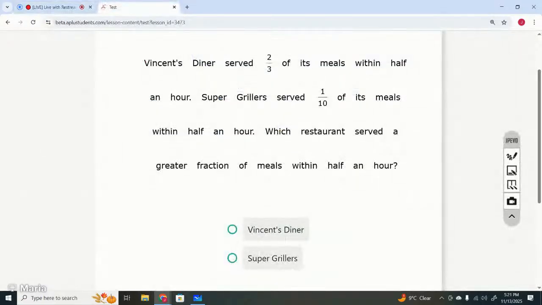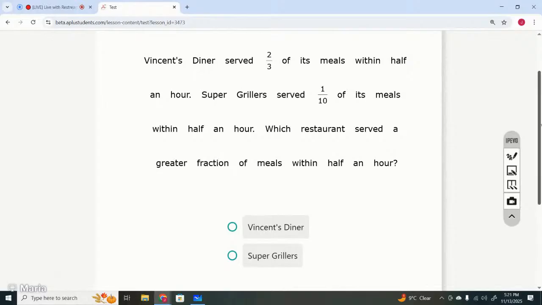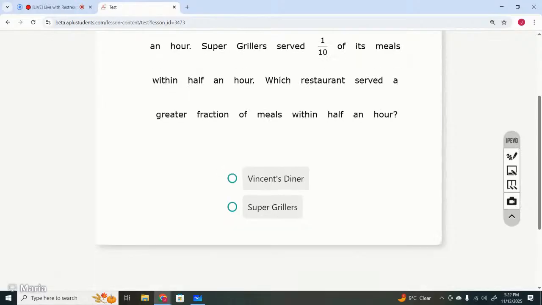Vincent's Diner served two-thirds of its meals within half an hour. Super Grillers served one-tenth of its meals within half an hour. Which restaurant served a greater fraction of meals within half an hour? So, which is the correct option?